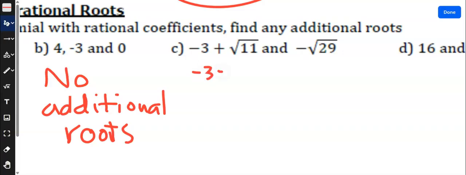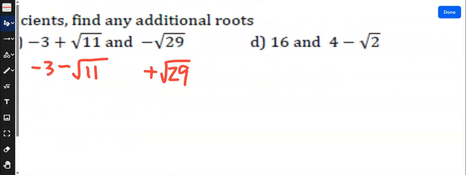Well, obviously, -3 minus square root of 11 and positive radical 29. Those are additional solutions we automatically know. What about this one? Okay, so I would get 4 plus radical 2 and nothing else because there's no radical with the 16, right? So literally that 16 is all by itself.